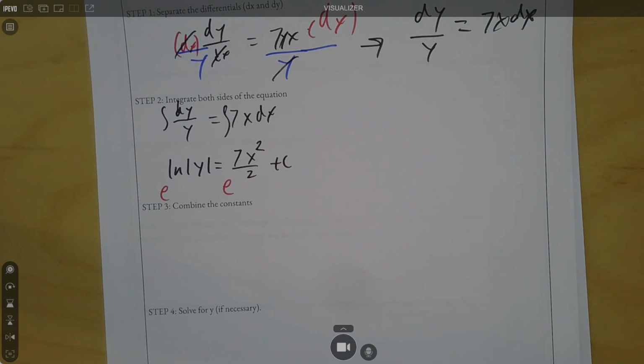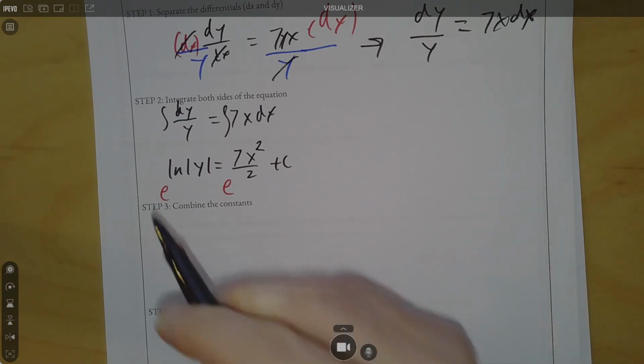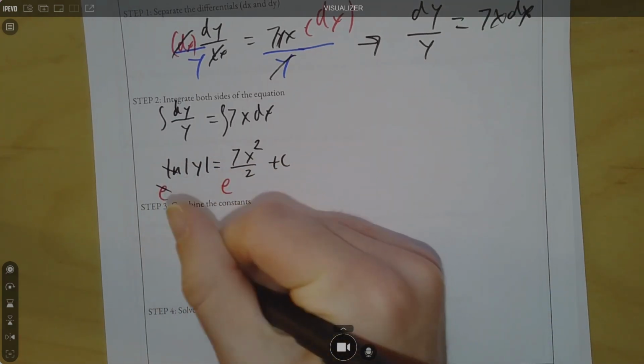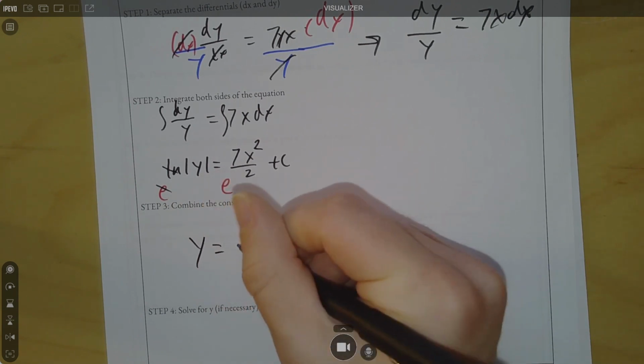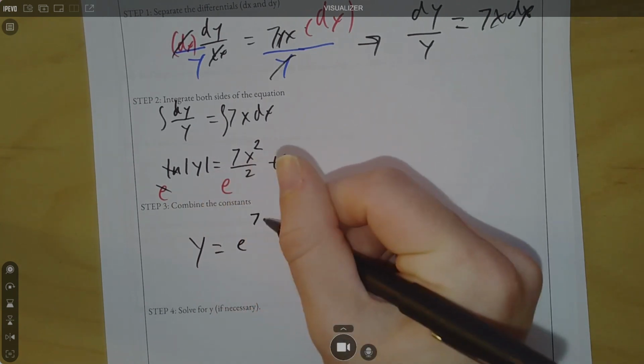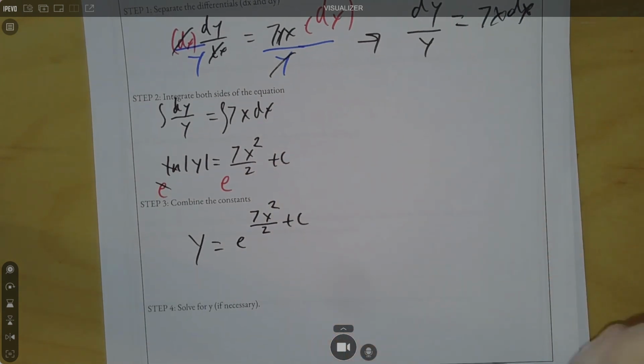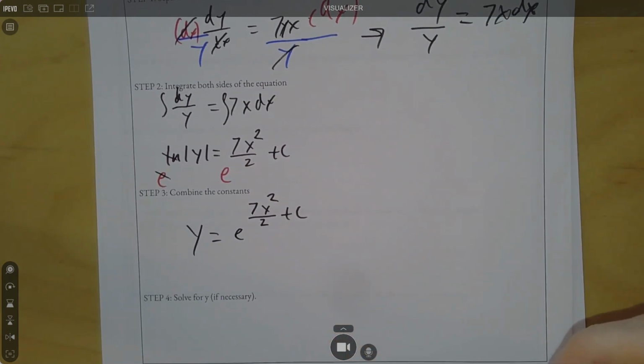When you do that, the ln and the e cancel, so you just have y equals e to the power of 7x squared over 2 plus c. You follow that?